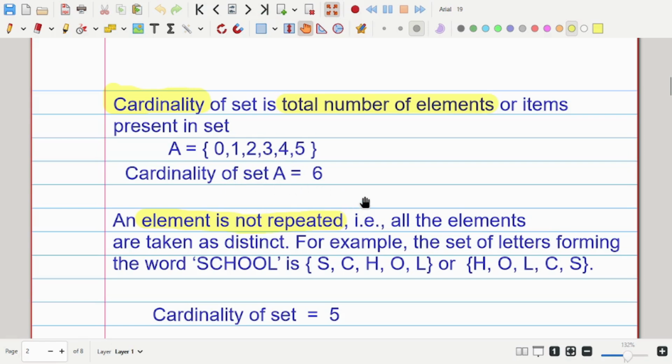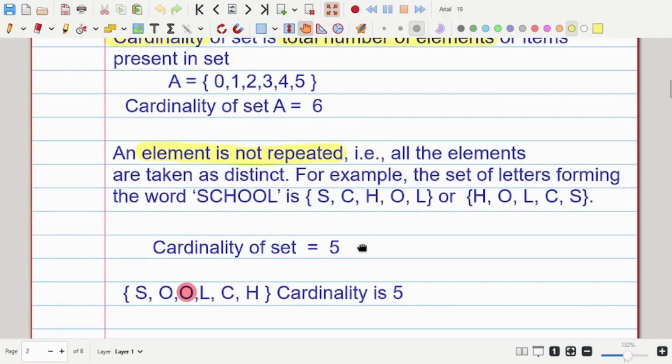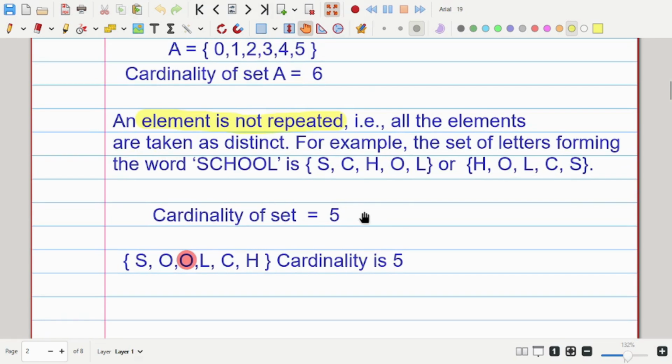In a set, do not repeat elements, or even though the element is duplicated, we will count it only one time. Now let's see the example. The set of letters forming the word school is S, C, H, O, L. Here O occurs two times, but we will write it only one time in a set.